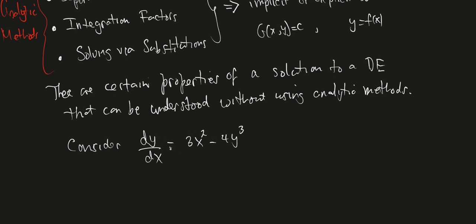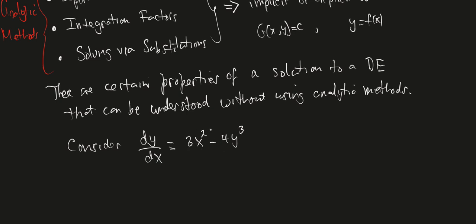And now if we look at it, actually this is one that we could not use any of our methods to solve. It's not separable. It's not linear for sure, because we see our y to the third power. It doesn't fit the pattern for any of our substitutions, right?